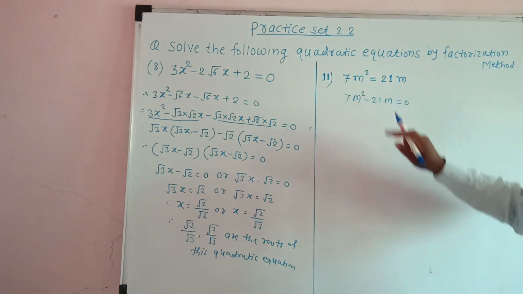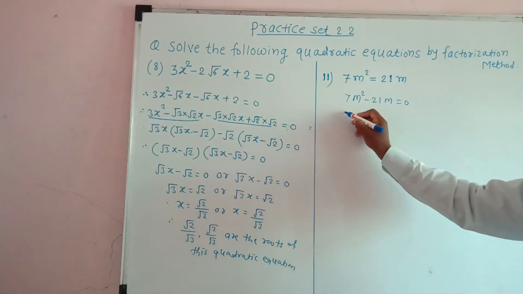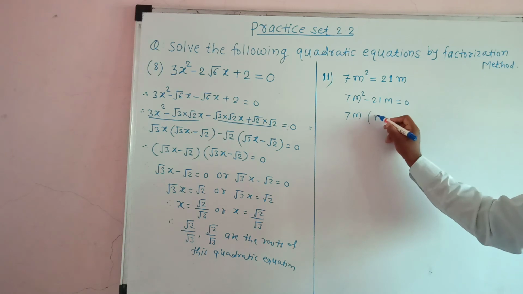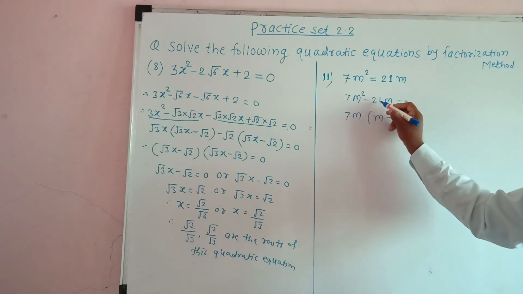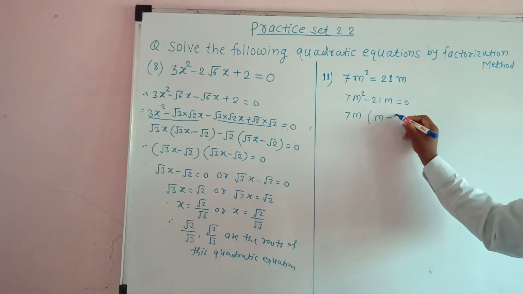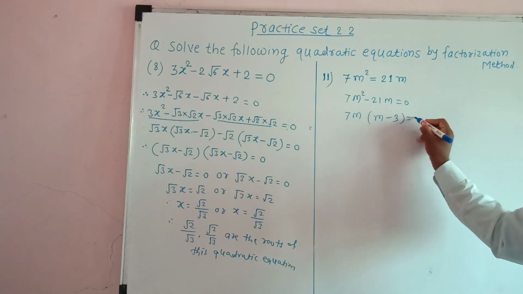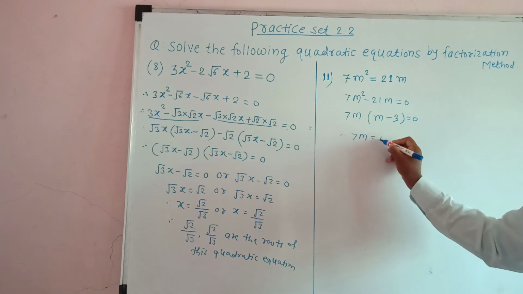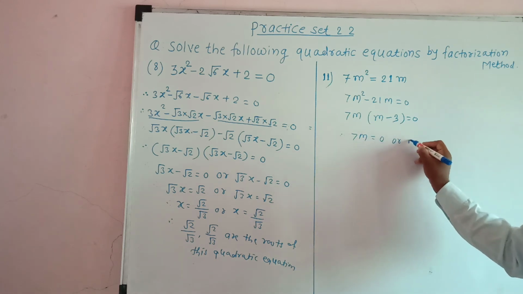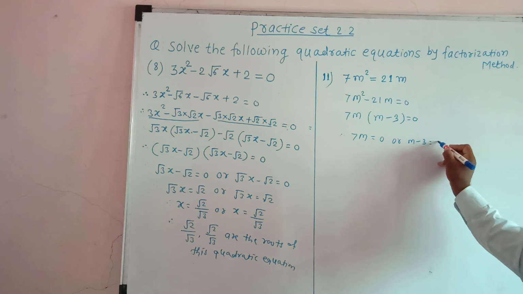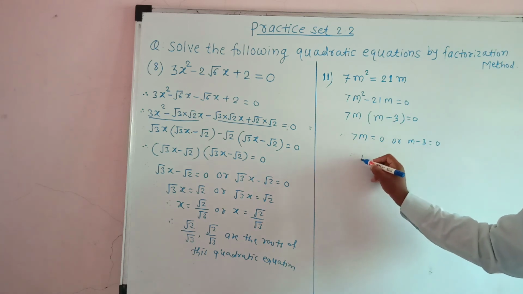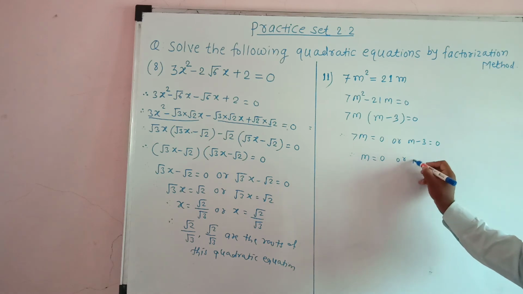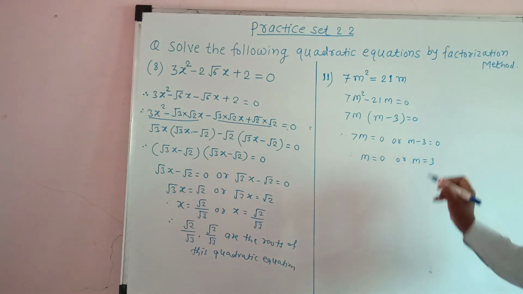Take 7m common in these two terms, therefore 7m in bracket, m minus 21 divided by 7 is 3, is equal to 0. Therefore 7m is equal to 0, or m minus 3 is equal to 0. Therefore m is equal to 0, or m is equal to 3 here.